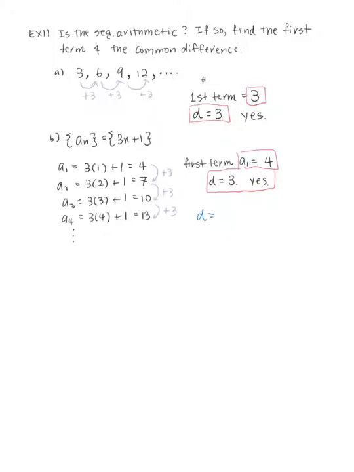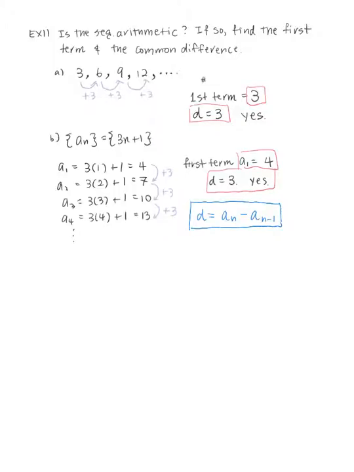Our common difference d is nothing but a sub 2 minus a sub 1, or a sub 3 minus a sub 2. So in general, our common difference d can be defined by a sub n minus a sub n minus 1. And let me box that because this is a very, very nice formula.